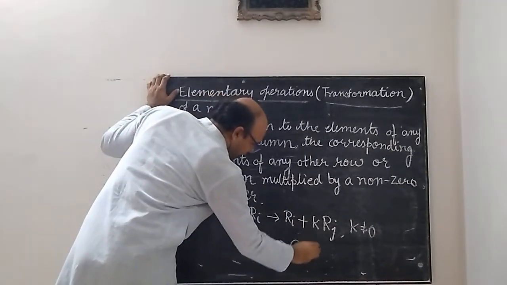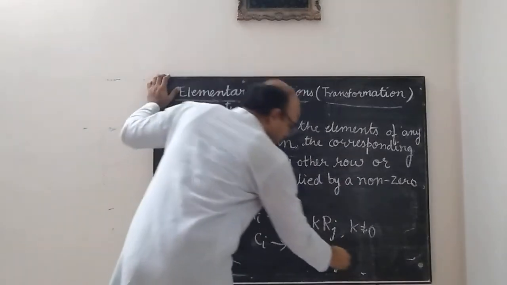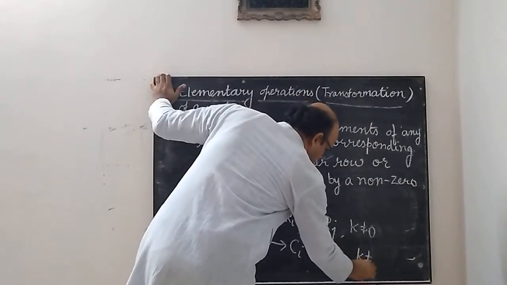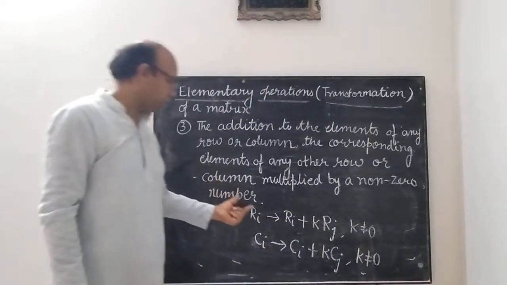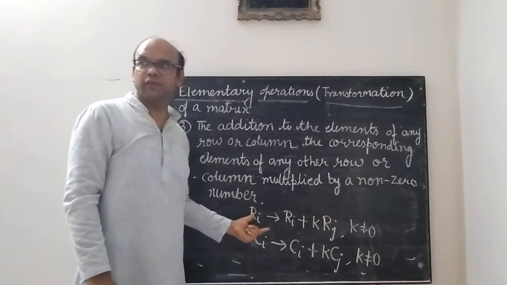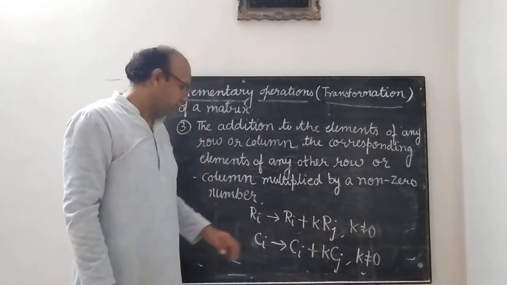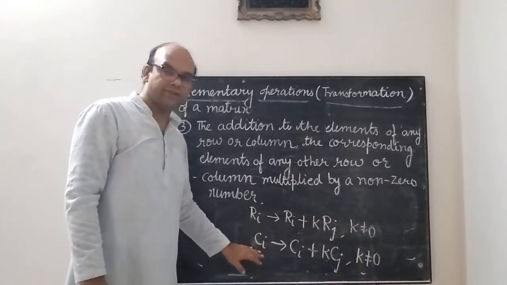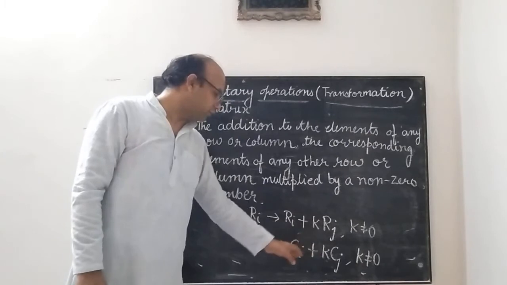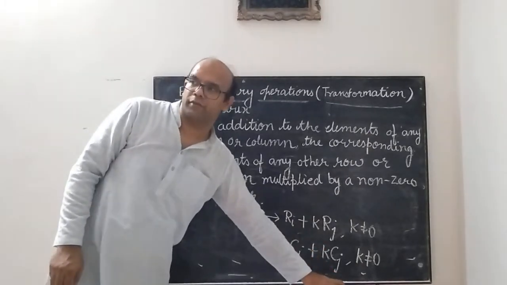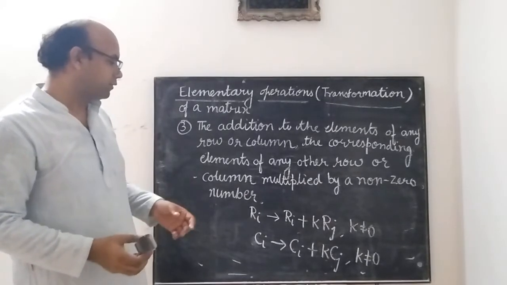Ci is Ci plus k times of Cj, and k is not equal to 0. That means we want to change the ith row with the help of the jth row. Similarly, we want to make a change in the ith column with the help of the jth column. So this is the operation we will be performing. Ci is Ci plus k times of Cj.